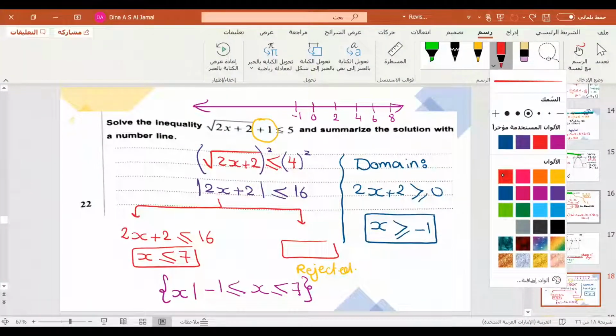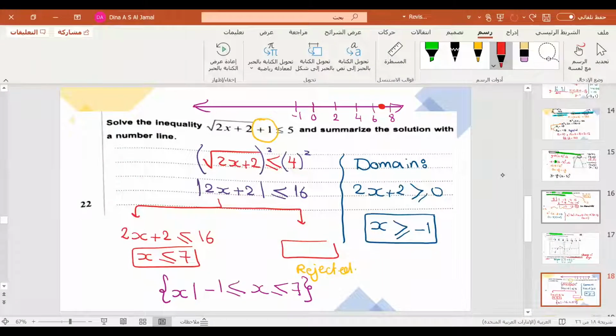Your value of 7 will be somewhere here, and it will have a closed circle. Your -1 is a closed circle, and the solution will be only between them.